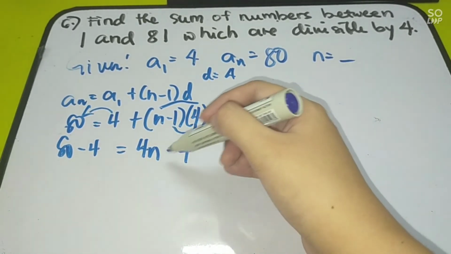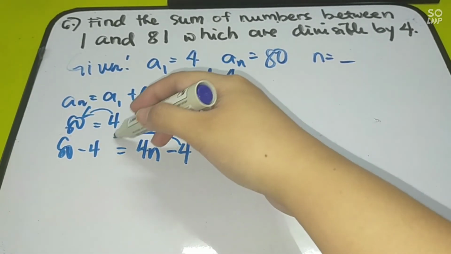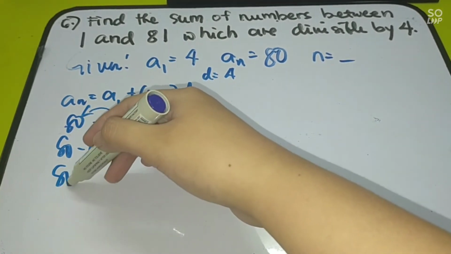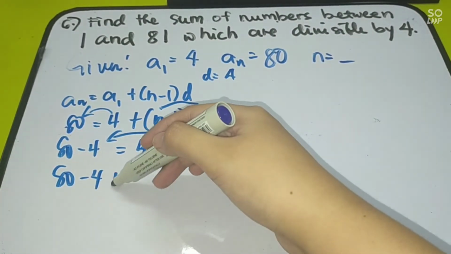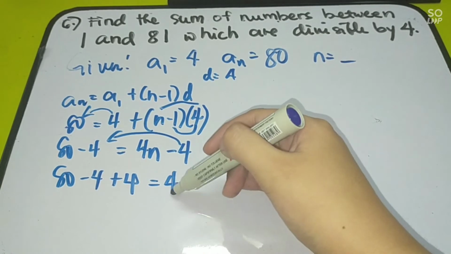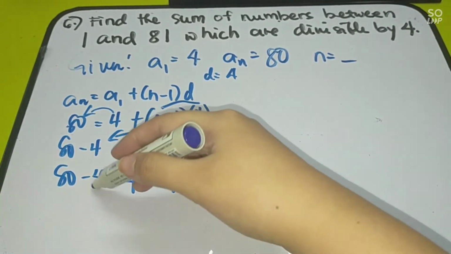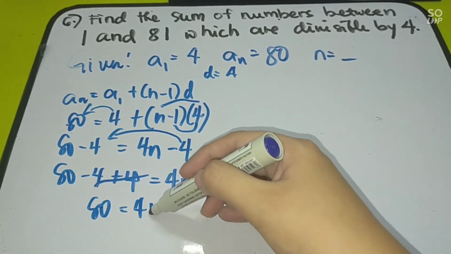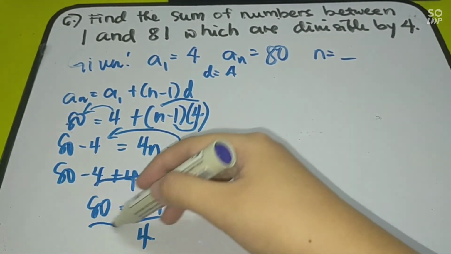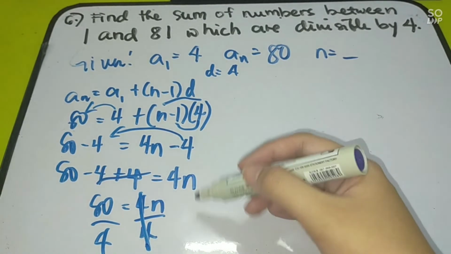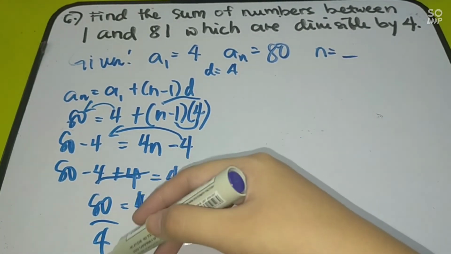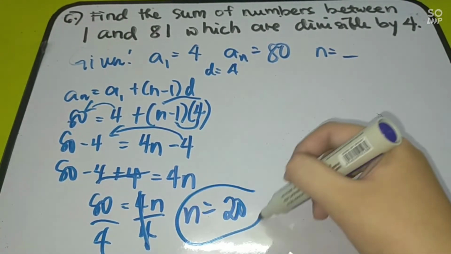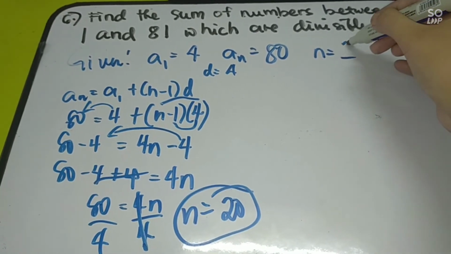Then, yung negative 4, pwede mo nang ilipat doon. So, magiging siyang 80 minus 4 plus 4 is equals to 4n. You can see, negative 4 plus 4, 0 na yan. Kaya matitira na lang ay si 80 is equals to 4n. Just divide both sides by 4. Cancelled out 4. Ang n mo ay magiging 80 divided by 4. The answer is 20. Diba? Sabi sa inyo, we have here 20.